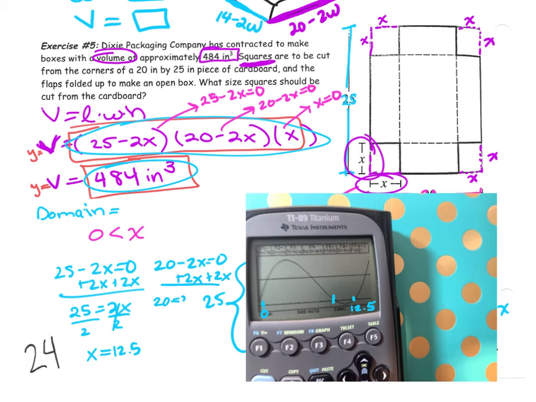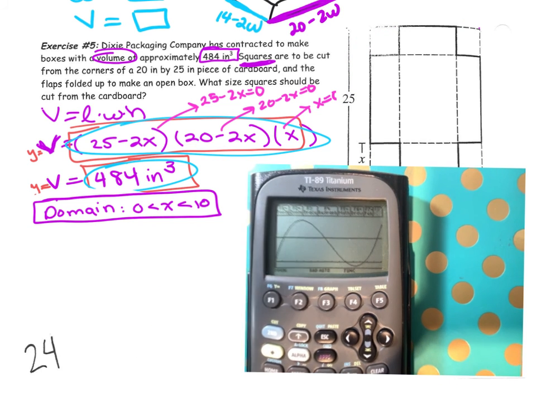We get 20 equals 2x. So x has to equal 10, which is this point right here. So our domain is between 0 and 10. That's for our domain. Again, we don't include from here to here because there's a negative area, which doesn't make any sense.